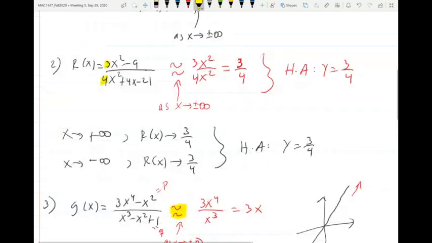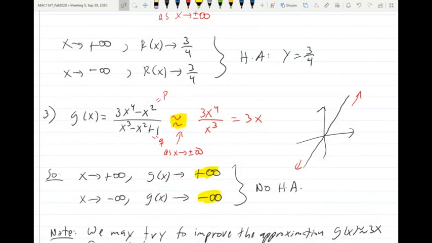And then we did another example in which the degree of the top was bigger than the bottom, but this time the top is 1 more than the bottom, okay? So we saw that this function looks more or less like the function 3x, so there is no horizontal asymptote because the behavior is infinity on one side and negative infinity on the other. However, because it looks like a linear function, it has a slant asymptote.